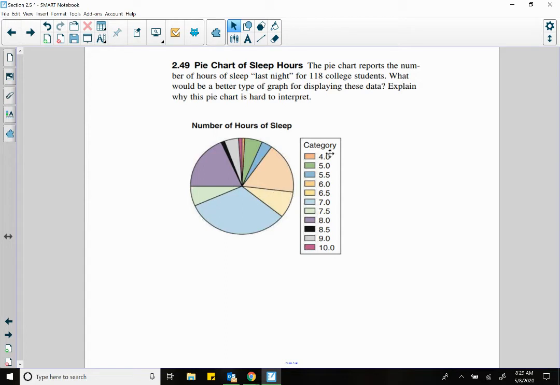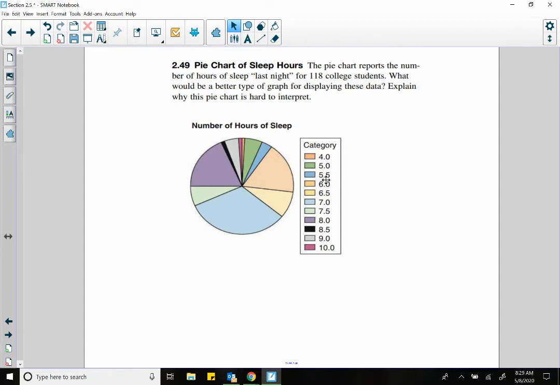So looking at this, since we're talking about the number of hours slept, that's very numerical in nature. They chose a categorical display right here. This would be better if we maybe did a histogram, because all of these could bleed into each other, and we could figure out where to put the 5.5.